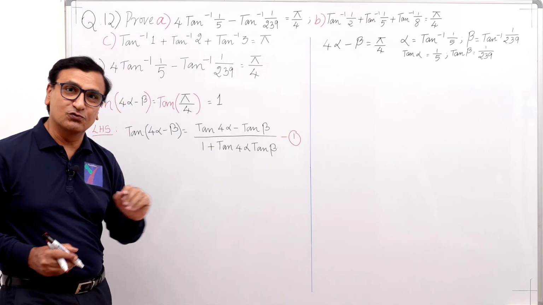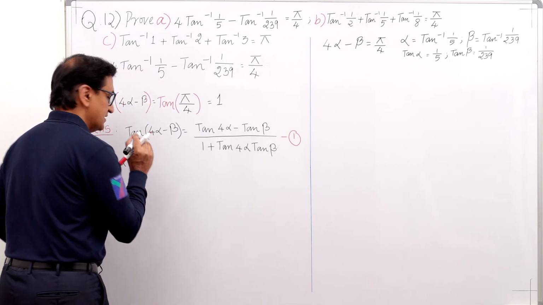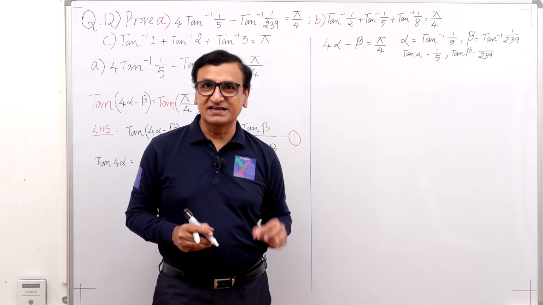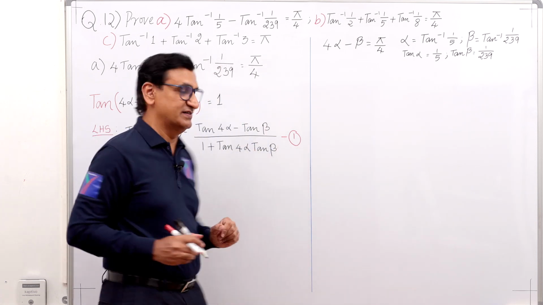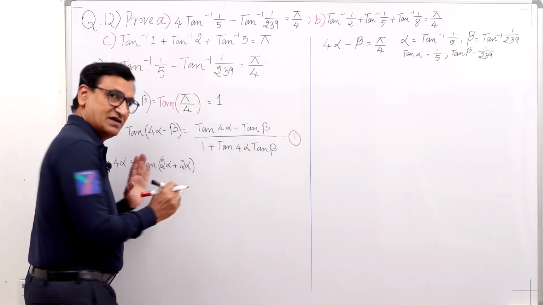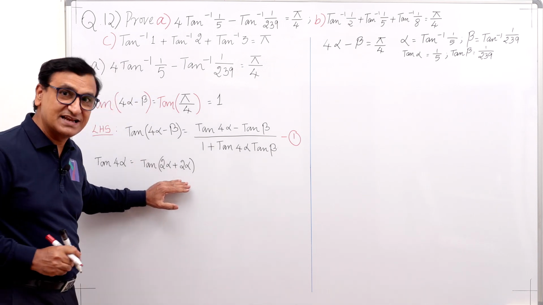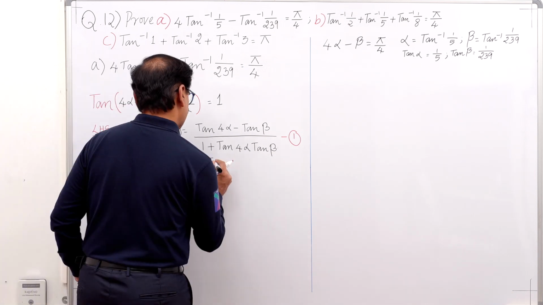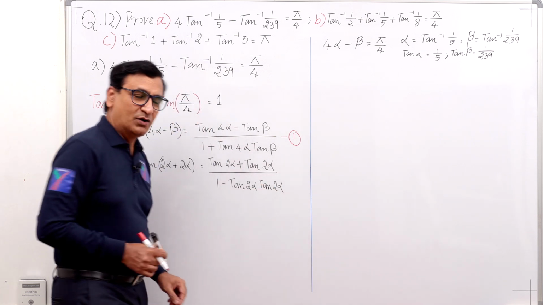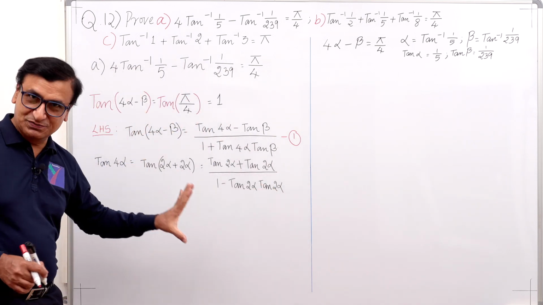So let me go to tan 4 alpha. Now tan 4 alpha can be written as tan of 2 alpha plus 2 alpha, right? And I can use the tan A plus B formula here. Okay, so I have just used the tan A plus B formula here.